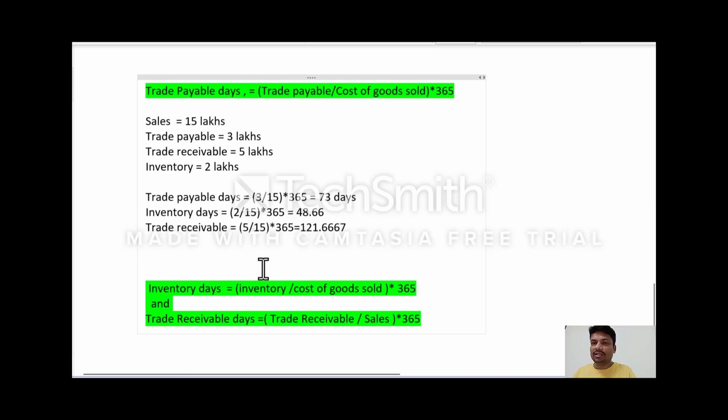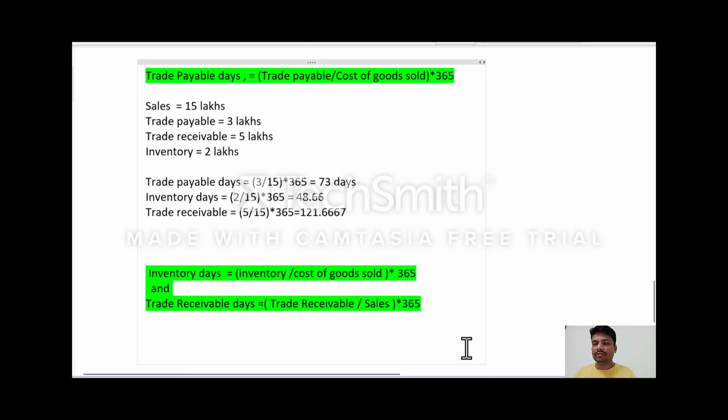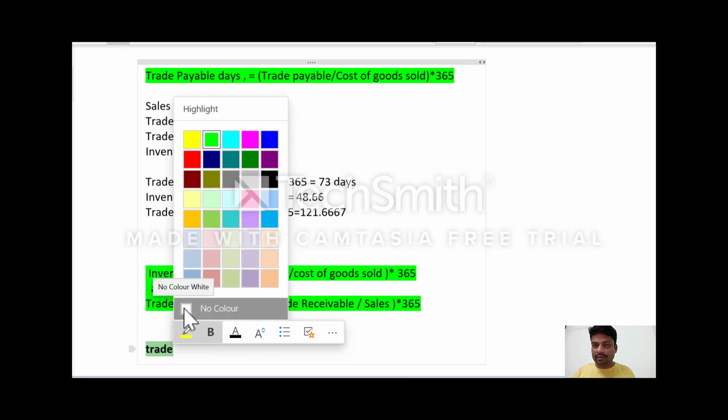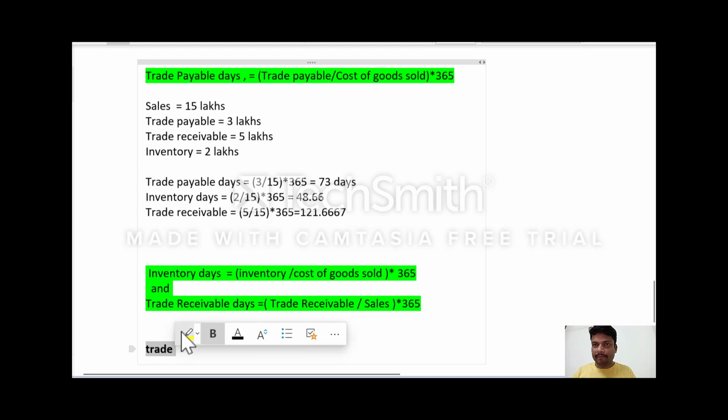Now let us assume one thing. Trade payable days, as we saw, we calculated 73.